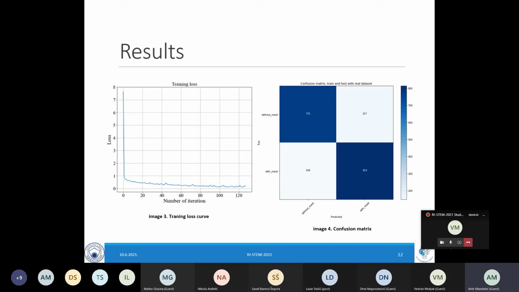As we can see, it predicted without mask correctly 770, but then it had false detections 148, and then we see that it successfully detected 814 with mask, but didn't detect 157.